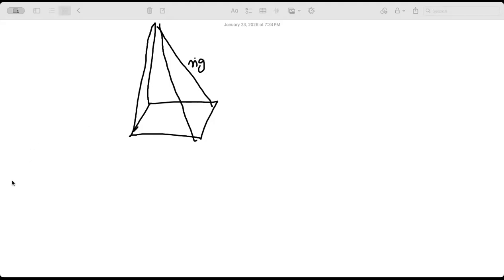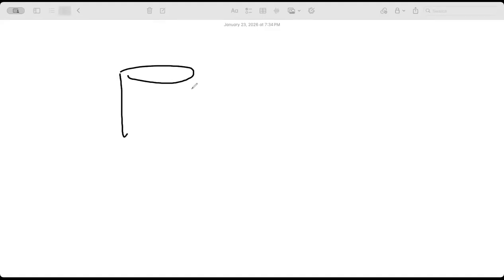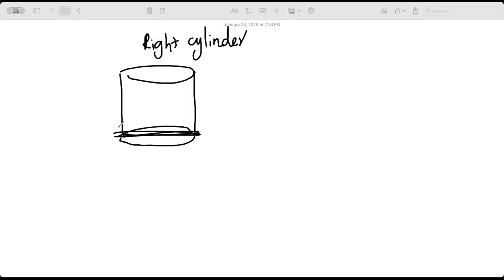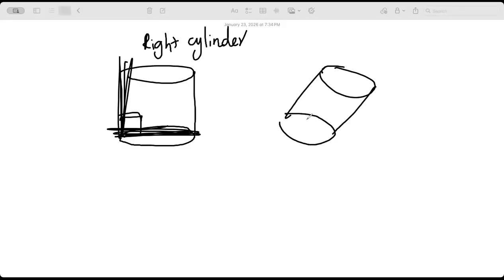For cylinders, let me show you. This one is a right cylinder because the base and the height are perpendicular. Whereas sometimes you'll have cylinders like this. There's an angle between the base and the height. It's not 90 degrees, so it's called an oblique cylinder. Make sense?